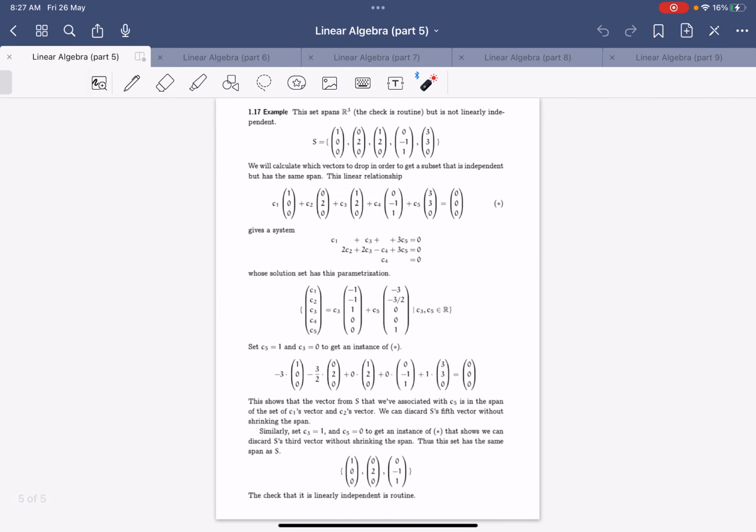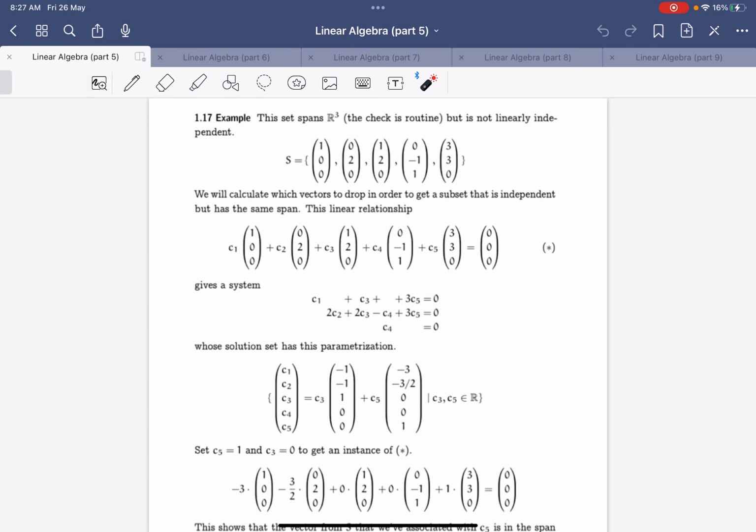So let's just look at a concrete example to familiarize ourselves with linear independence. And we just take this example in R3 and we'll show that this set is not linearly independent. So how do you calculate that? Well, you first form a linear equation as follows, and we just form the system of linear equations next.